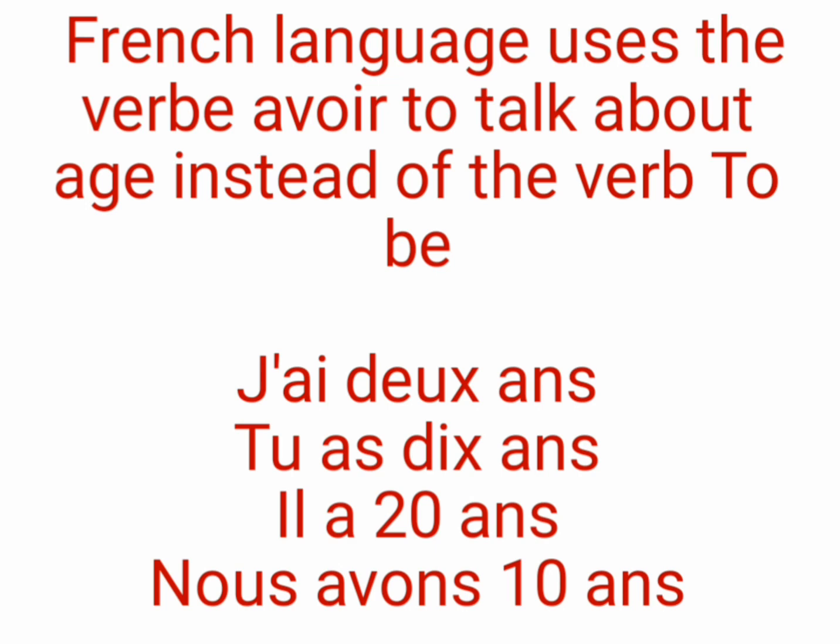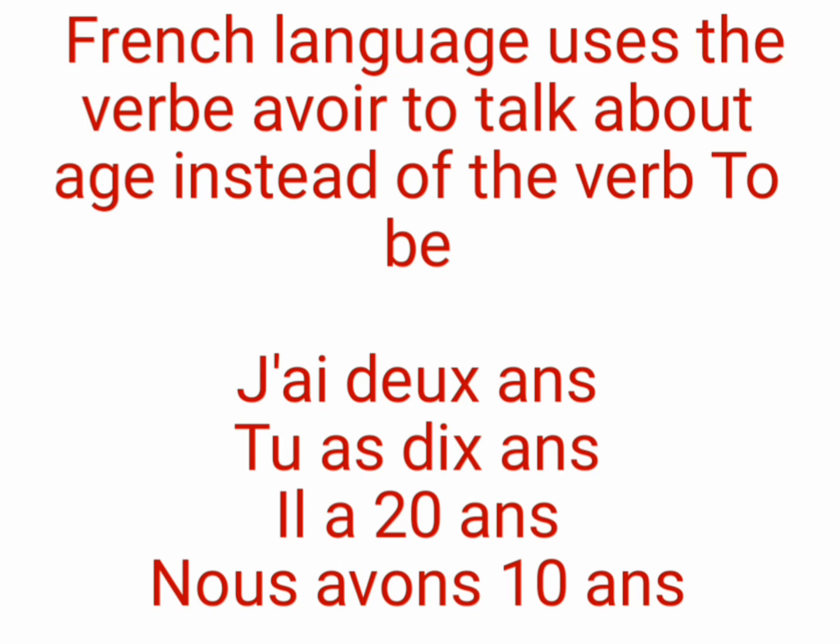We use the verb to have to talk about age. That is le verbe avoir. Don't make the mistake of using je suis, the verb to be, to talk about age. You hear some people saying je suis 10 ans. That's wrong French. Wrong French. You use the verb avoir to talk about age.